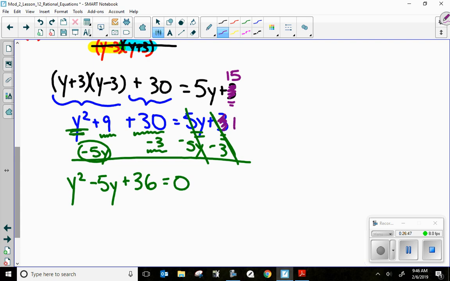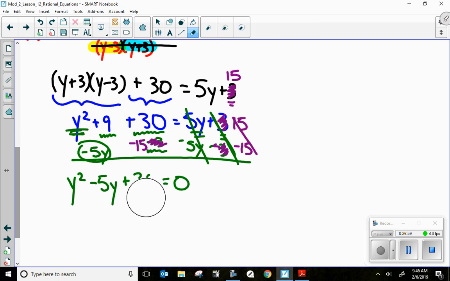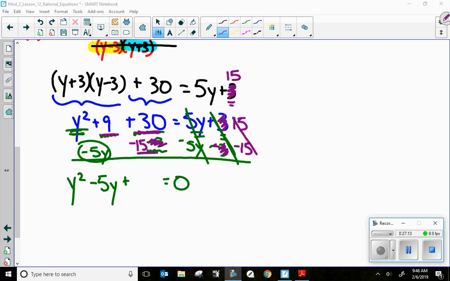Which means this should have been a 15, which means we should have subtracted 15 to get rid of this, which means instead of minus 3 here, it's minus 15. So if I have 30 plus 9, it's 39 minus 15. What do we have there?